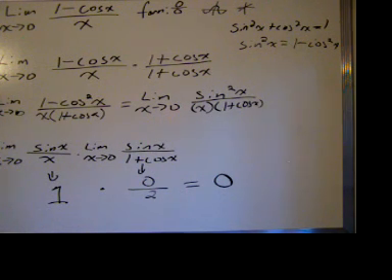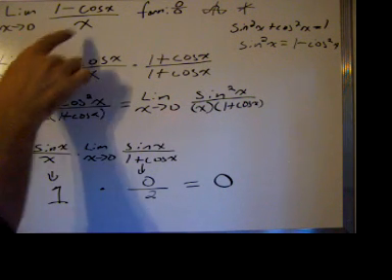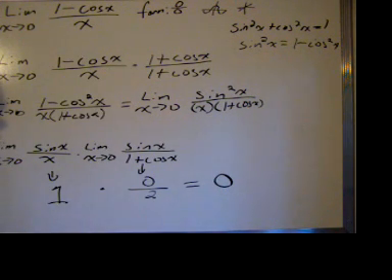Again, I encourage you to memorize this and this, what they equal, in practice, because they will pop up inside of other limits, and it'll be a lot quicker for you if you don't have to go through this process.